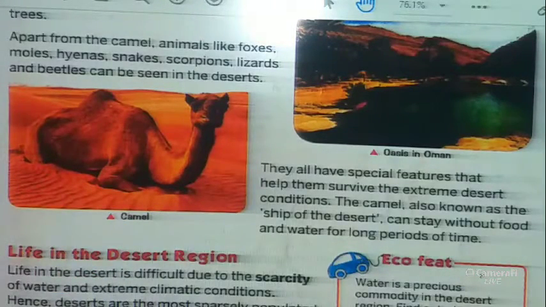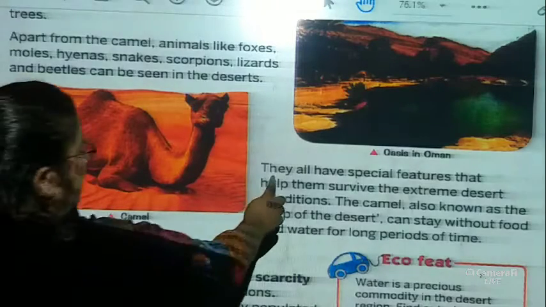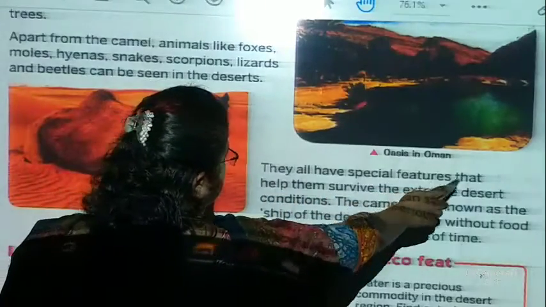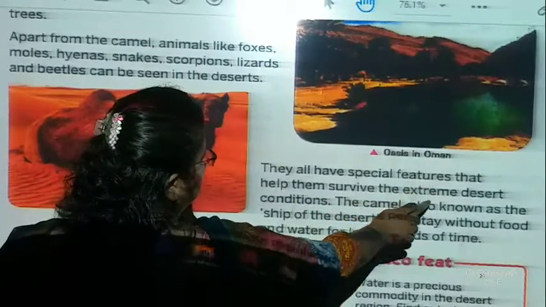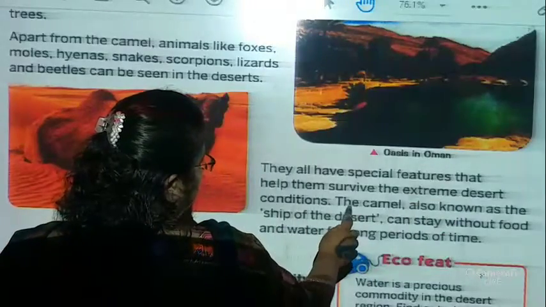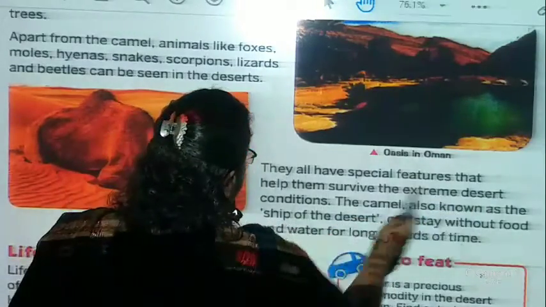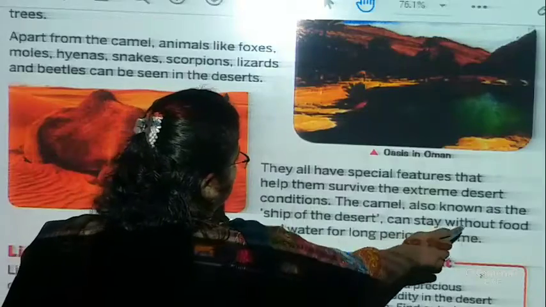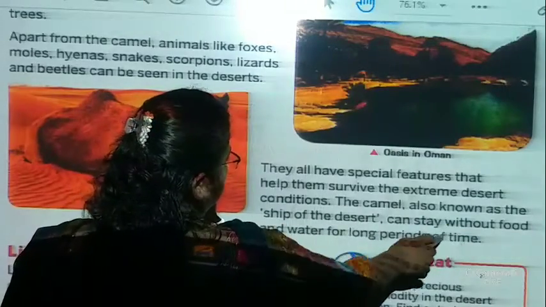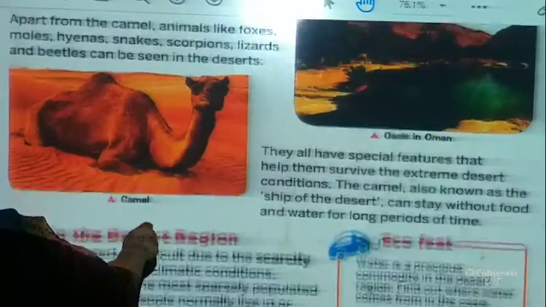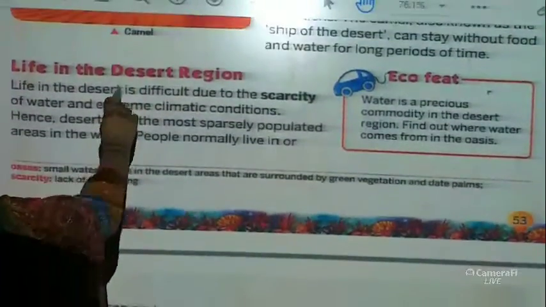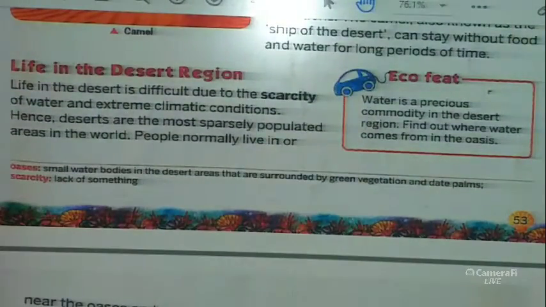Camels can survive in hot deserts without eating and drinking water for 10 days. They all have special features that help them to survive the extreme desert conditions. As I had already told you, it can stay without food and water for at least 10 days.